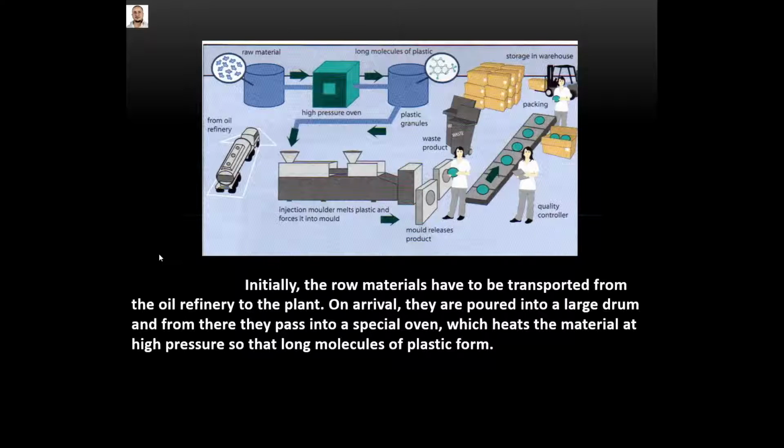Initially, that means first, the raw materials have to be transported, transmitted, or also taken, you may say, from the oil refinery. We have here the lorry from the refinery to the plant. A plant means the location where we are going to produce the plastic.